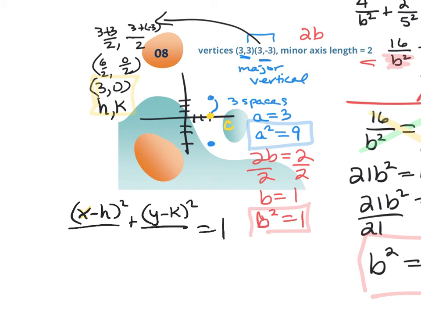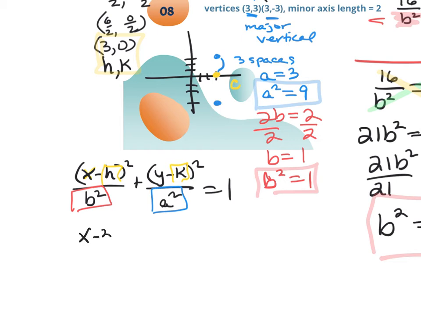This is always the setup. I'm always putting the x squared on top of the first fraction and the y squared on top of the second fraction. What's moving is the a squared and b squared. Because it's vertical, a squared is under the y, and the b squared is here. So now I'm going to fill in my b squared value, my a squared, and then also my h and my k.